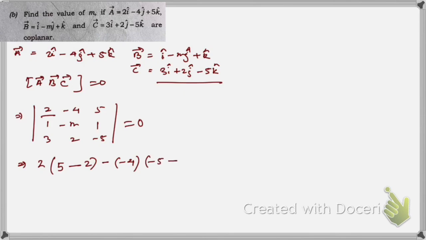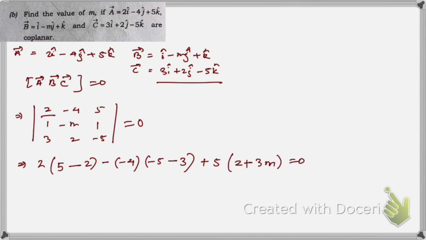Then minus 3 1 the 3, right? 3 1 the 3, that's what you will get. Then again we have 5, so let's put 5 here, 2 1 the 2, then minus 3 into minus m, that's going to be minus minus plus thrice m. That's what we should get.